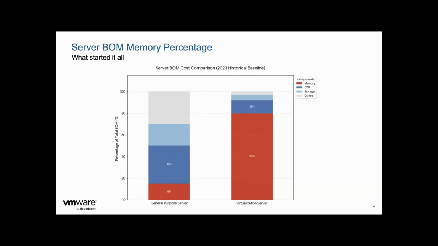That's the most economical approach. But it turns out that 80% of the price for a server came from memory alone. And that was 3-4 years ago. So that's how we started looking into this. How can we solve this problem for our customers? How can we help them reduce that pricing?